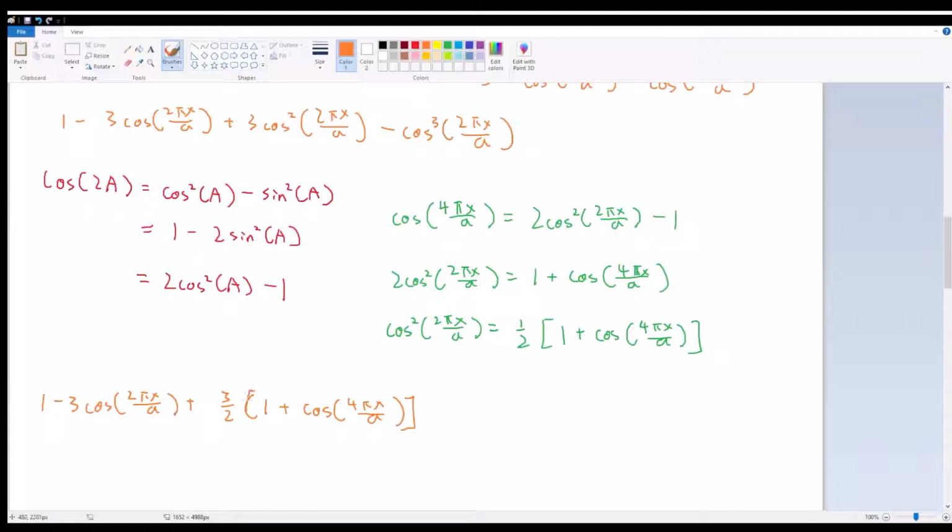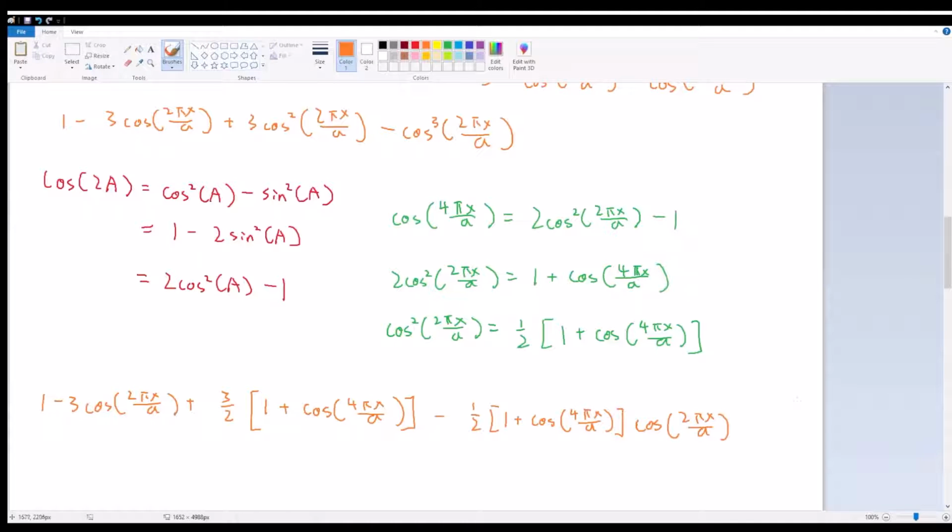Let's make the brackets square instead to make it neater. And then subtracted by 1/2 times 1 plus cosine 4 pi x over a multiplied by cosine 2 pi x over a.